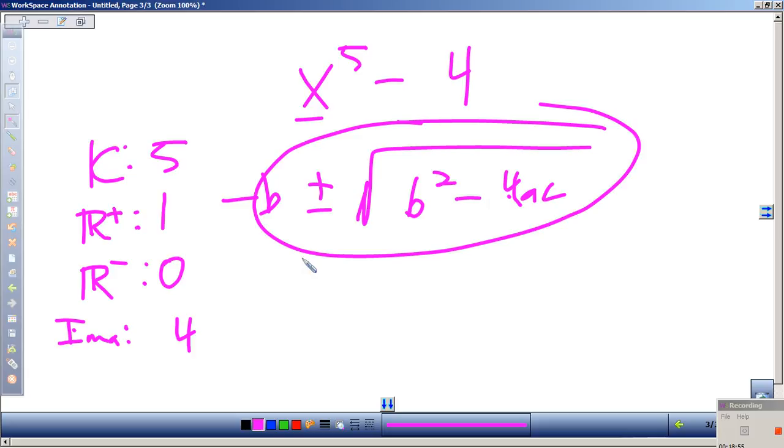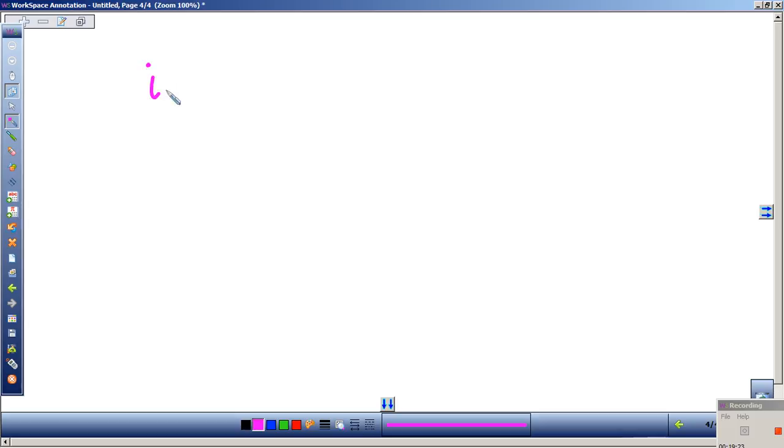If b squared minus 4ac is negative, how many solutions do I have? 2, because of the plus or minus. So imaginary solutions always come in pairs. You stuck on that idea? The idea is, if i is a solution, then negative i is also a solution.